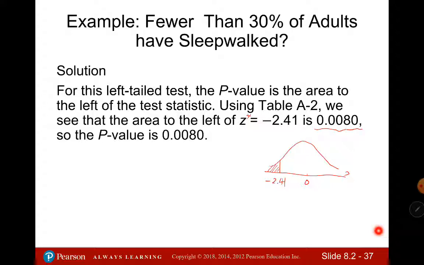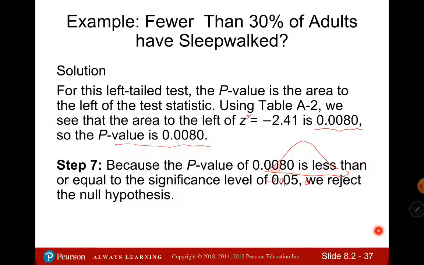That value directly from your table is your p-value. If we use the p-value to compare to our alpha value, we know this one is less than 0.05, our alpha value.